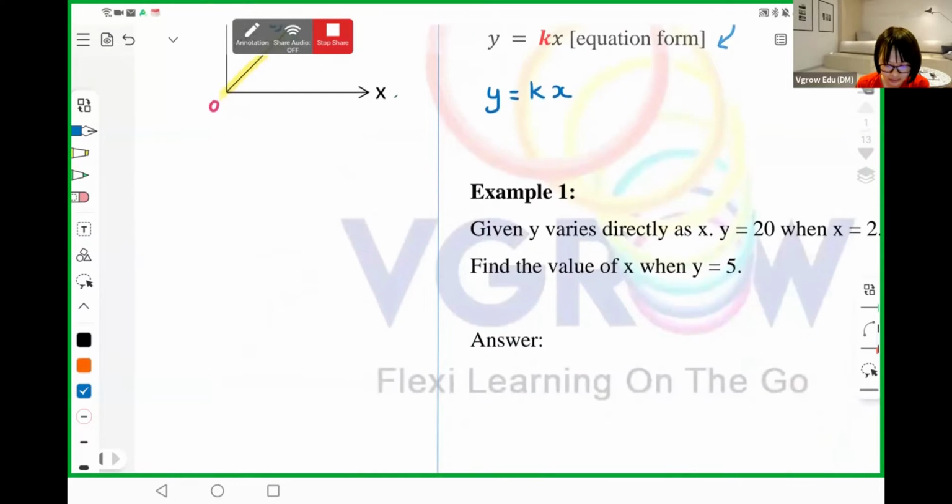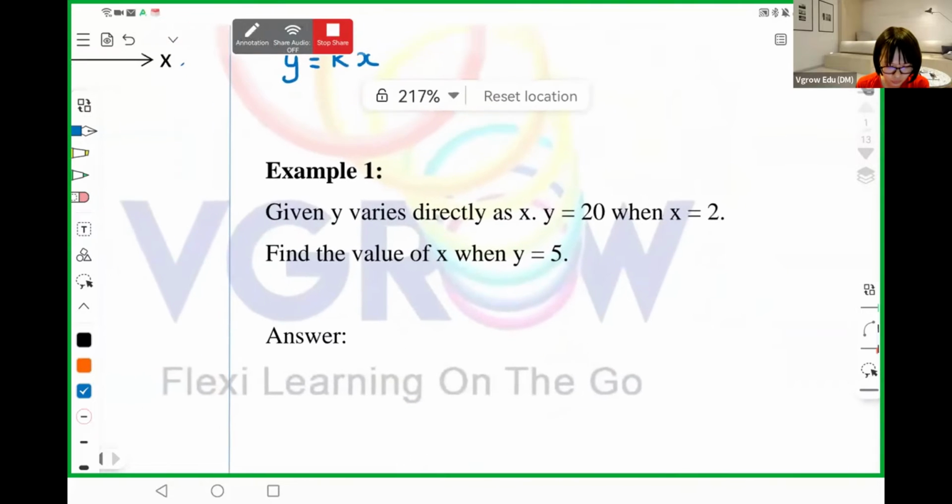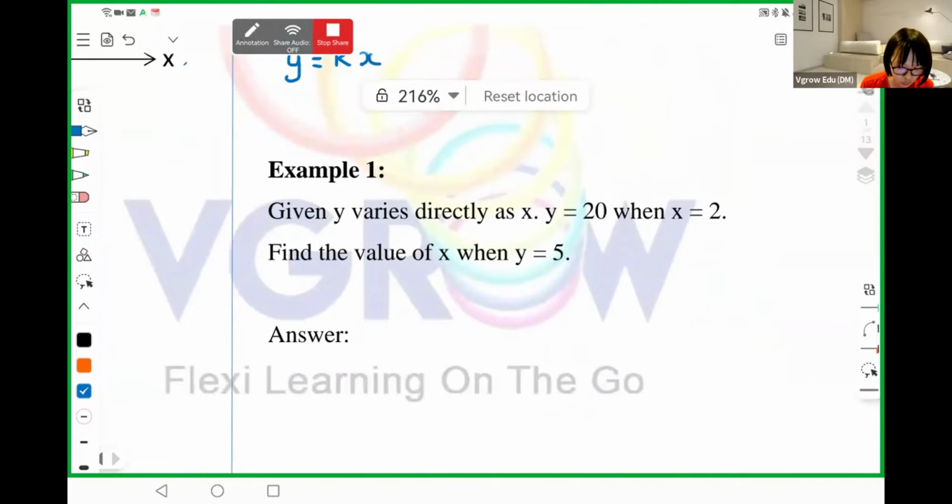Look at the example here. Given y varies directly as x, you write the variation form first: y varies directly as x.